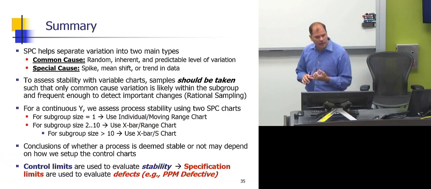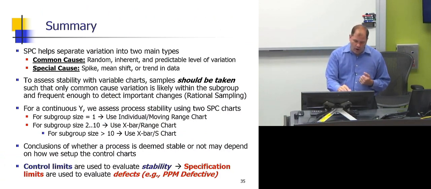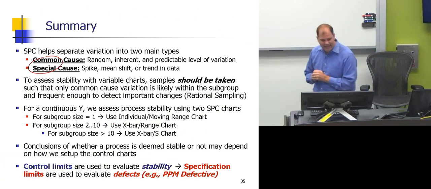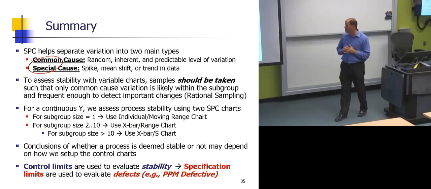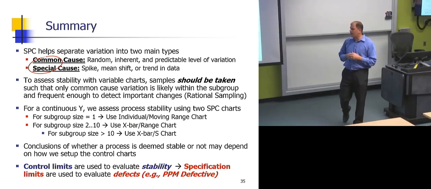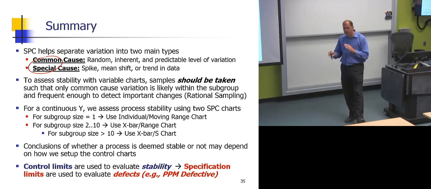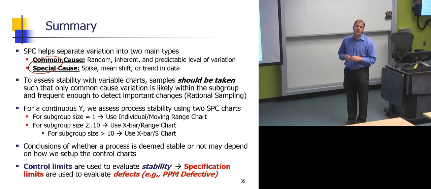All right, some main takeaways today. Make sure you are grasping the idea of common versus special. This idea of trying to be frequent enough to detect changes. Understanding which chart to use, whether it's individual moving range or X-bar range. Recognize that if you're doing an X-bar chart, you're not plotting individual values.